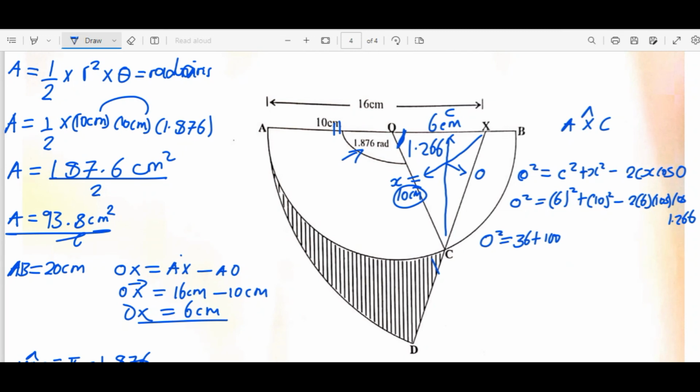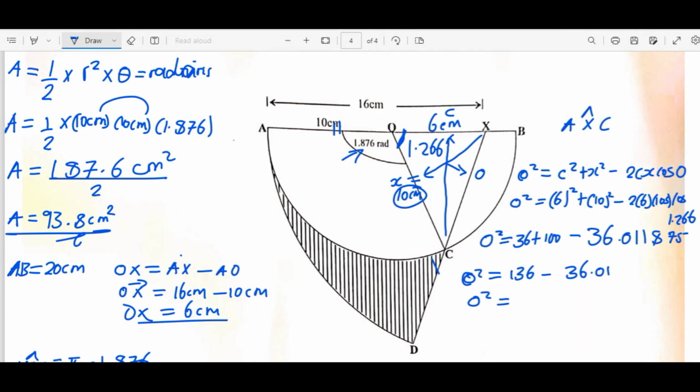So I'm getting minus 36.011875. So O squared is equal to 36 plus 100, this should be 136. So we have 136 minus 36.01.